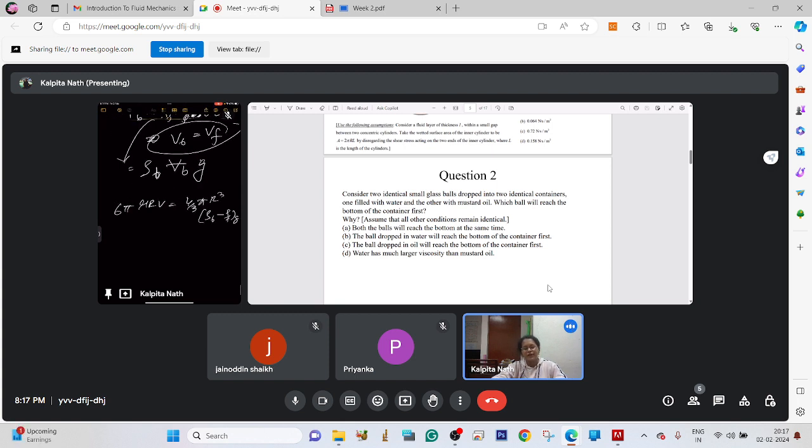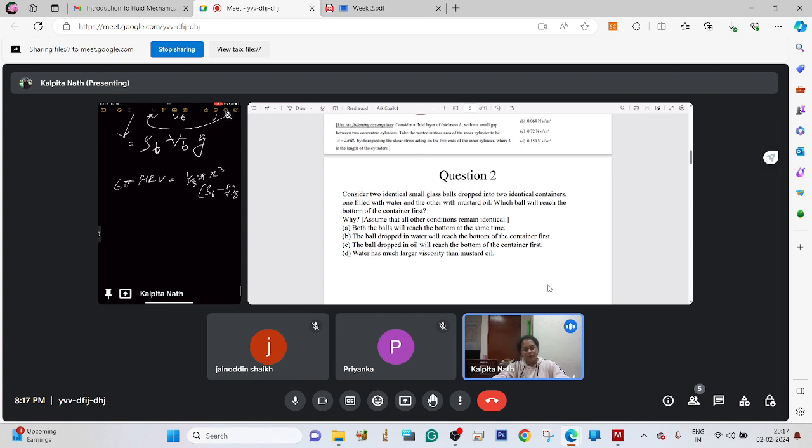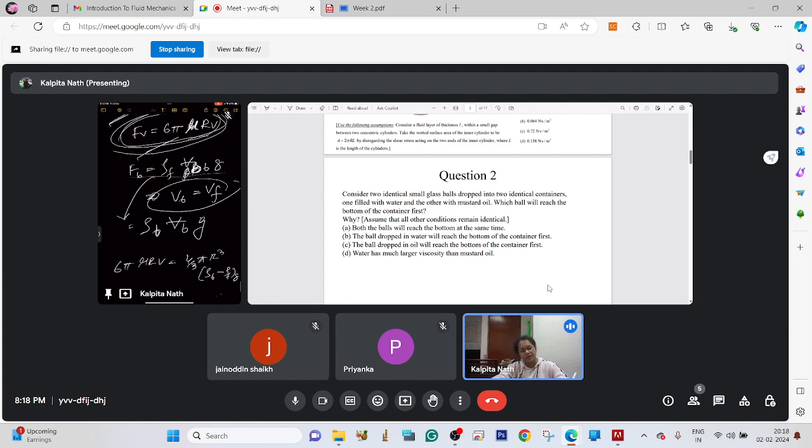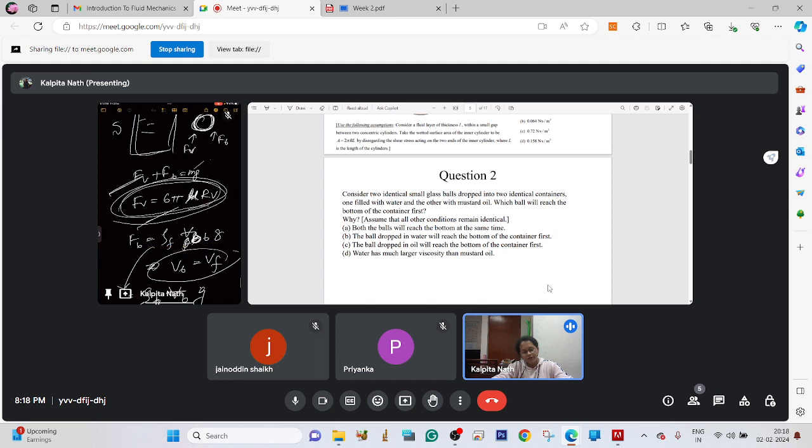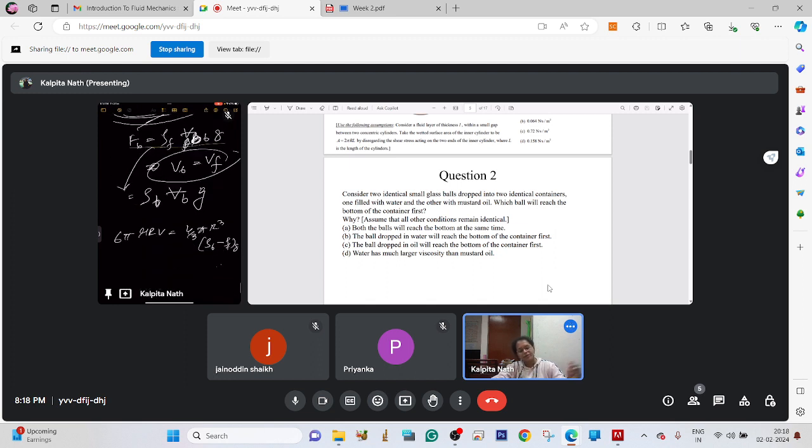We have just converted mass equal to density times volume, so we converted the mg gravitational force to density into volume.